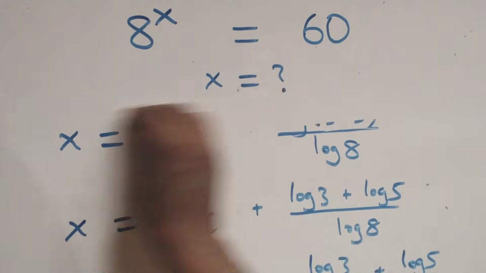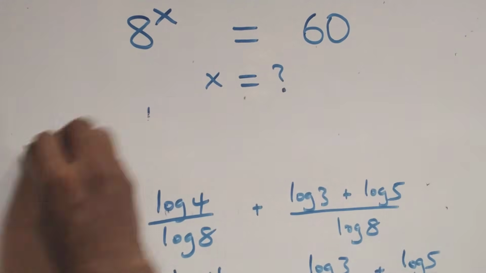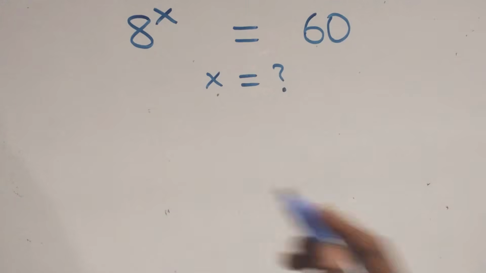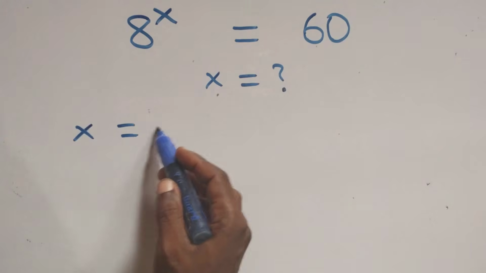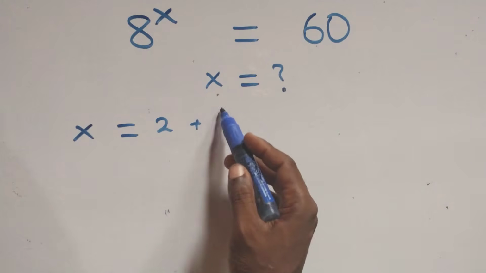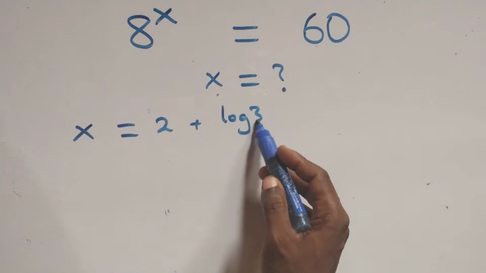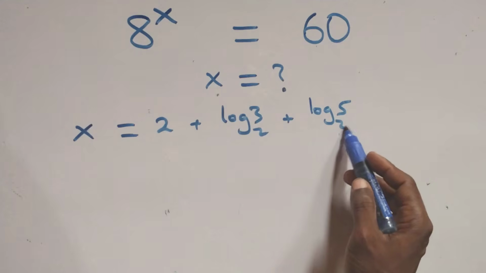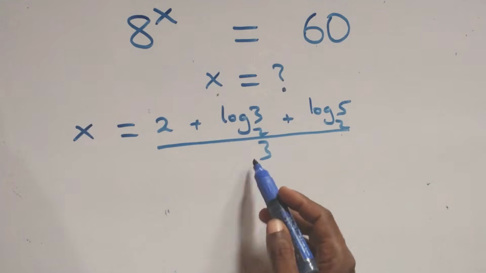That is, we substitute the value of x here, which is x equals 2 plus log 3 base 2 plus log 5 base 2 all over 3.